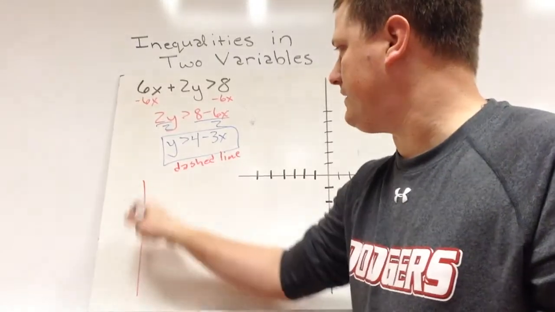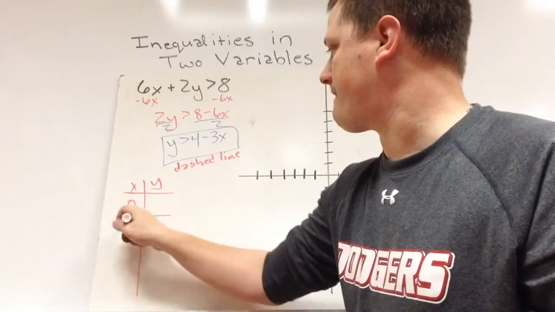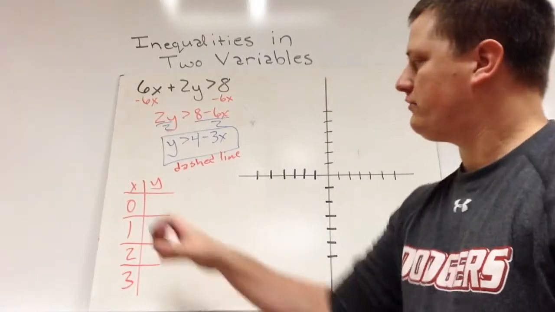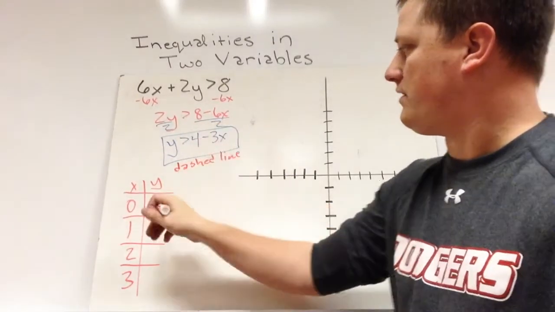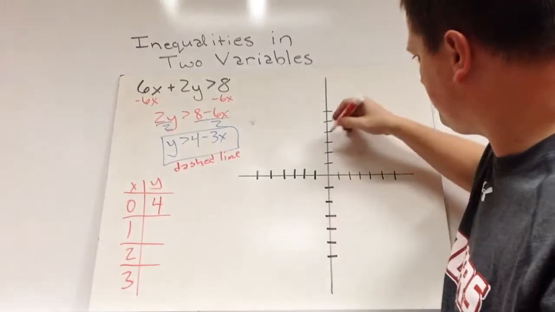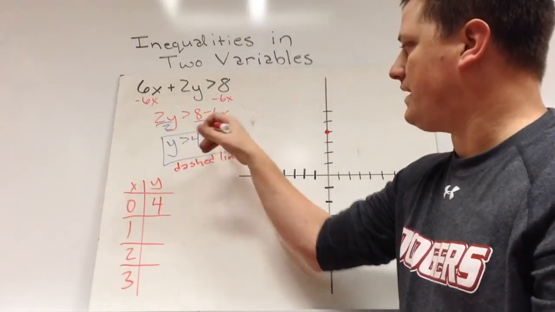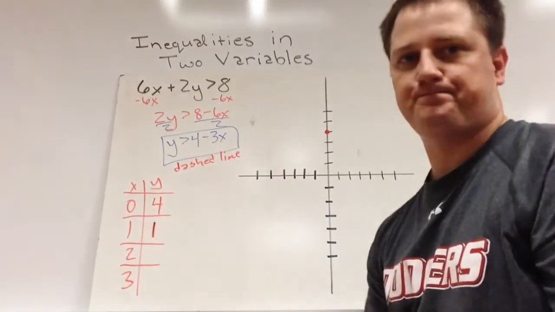And I want to make my table. Okay, so 0 goes in for x, so 3 times 0 is 0, 4 minus 0 is 4. So we've got 0, 4. I'm going to put 1 in. 3 times 1 is 3, so 4 minus 3 is 1.